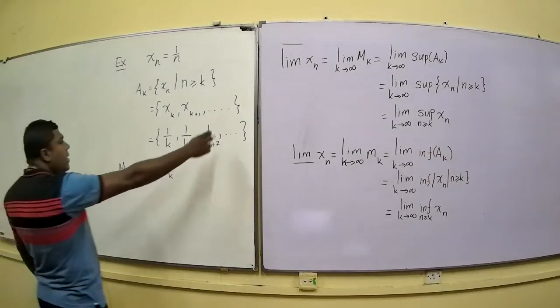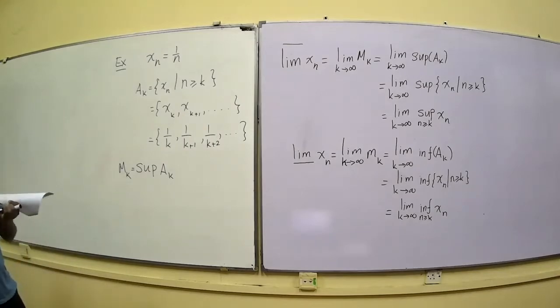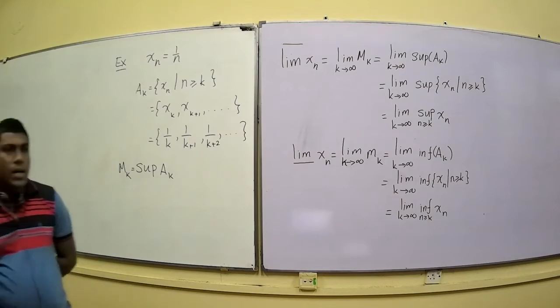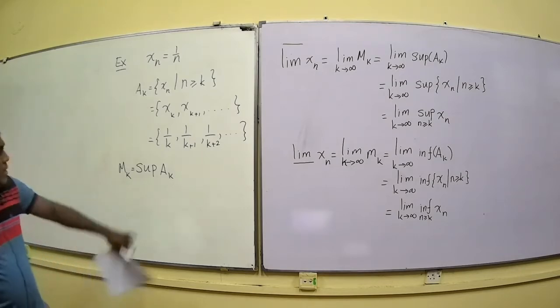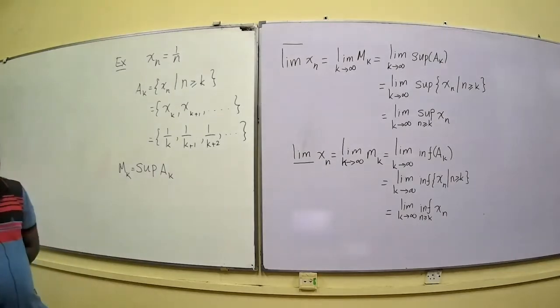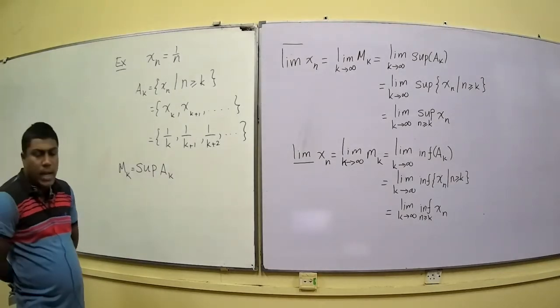The supremum you can easily find, because we found supremums for terms like this in the first chapter. This set contains elements 1 upon k, 1 upon k plus 1, and so on. So the biggest possible number is 1 upon k. You all know that.